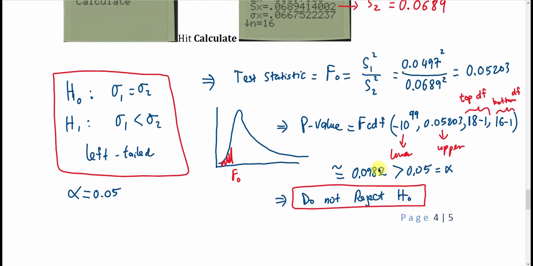And then you just find that the p-value is 0.0982, and this is greater than alpha, so we do not reject. Okay, so again, here the lower bound should be 0, but I used negative infinity. Actually it should be 0 because you don't have any negative value for the F distribution, so it should be 0 here.